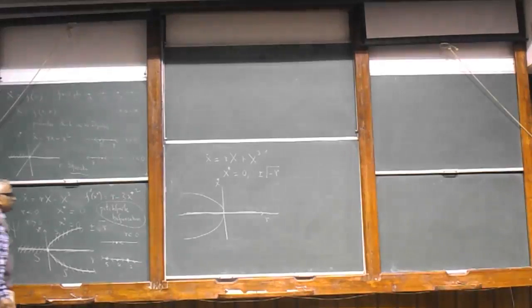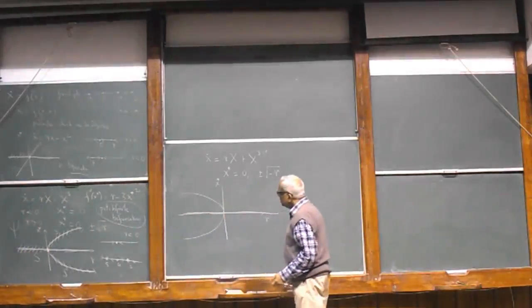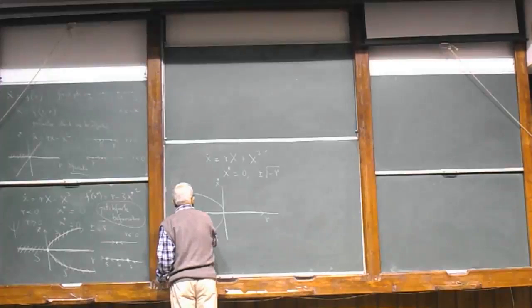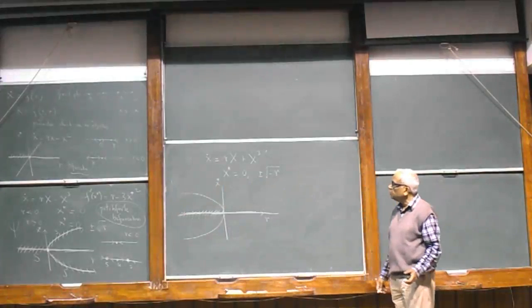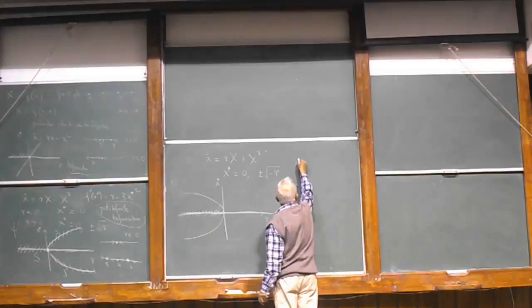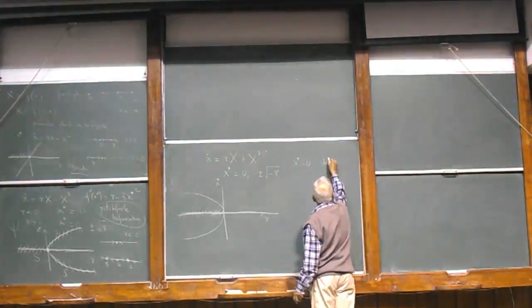So here is x star for r less than 0. What about the stability? x star equal to 0, stable.